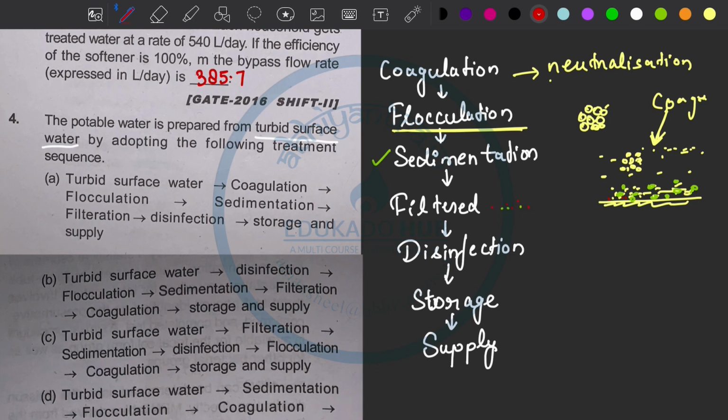Now disinfection is very much needed for all waters, and then storage and then supply. So this is the process. The correct option is the matching: turbid surface water, coagulation, flocculation, sedimentation, filtration, disinfection, storage and supply. The first option is the correct one.